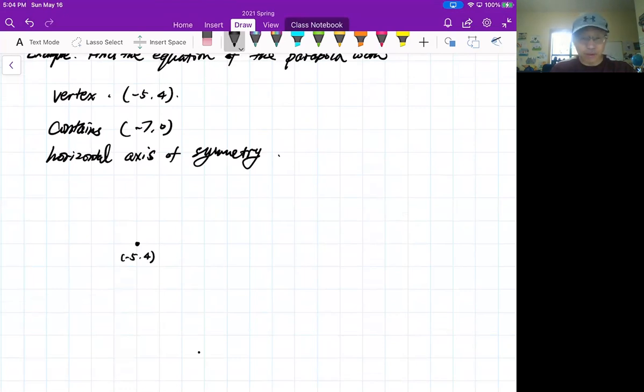And the axis of symmetry is horizontal. So that means the parabola should open to the left or to the right.